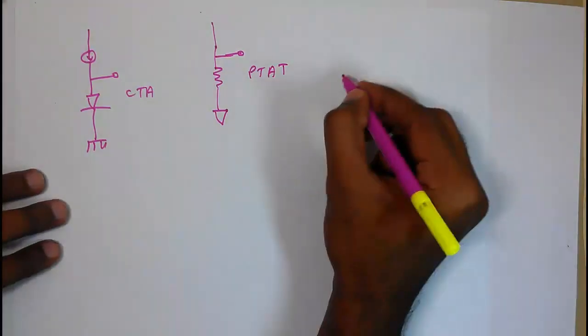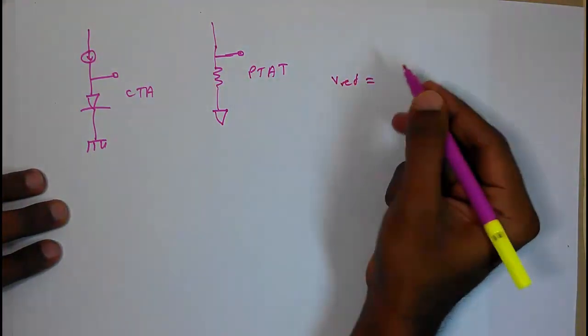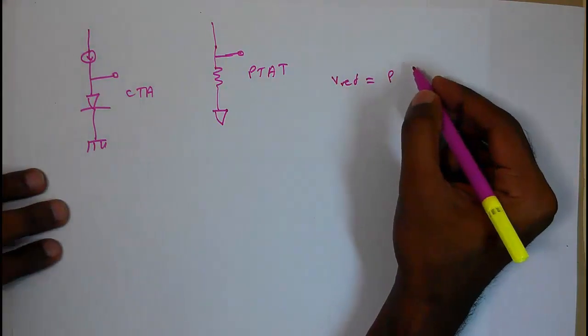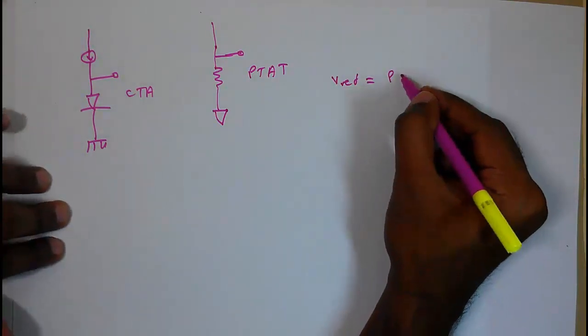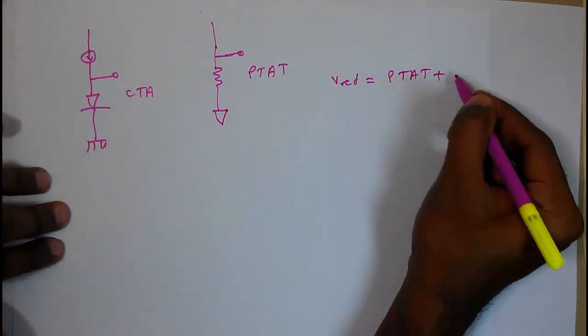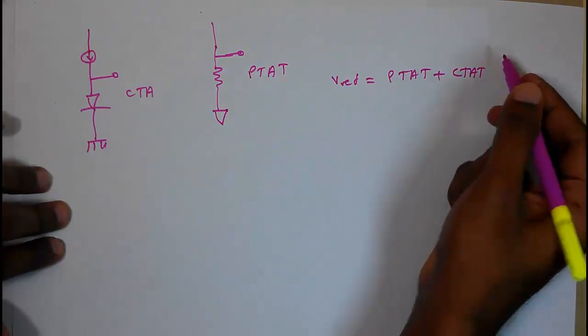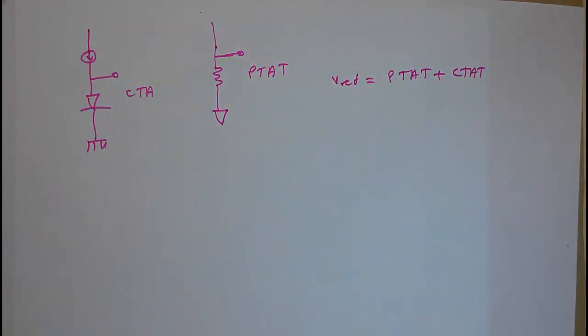And to get a reference value, we said V reference equals alpha 1 PTAT plus alpha 2 CTAT, so we had to add PTAT and CTAT. The alpha 1 and alpha 2, we will come to that point a little bit later. Now I am thinking from the circuit point of view. How we will adjust PTAT and CTAT, we will discuss a little bit later.